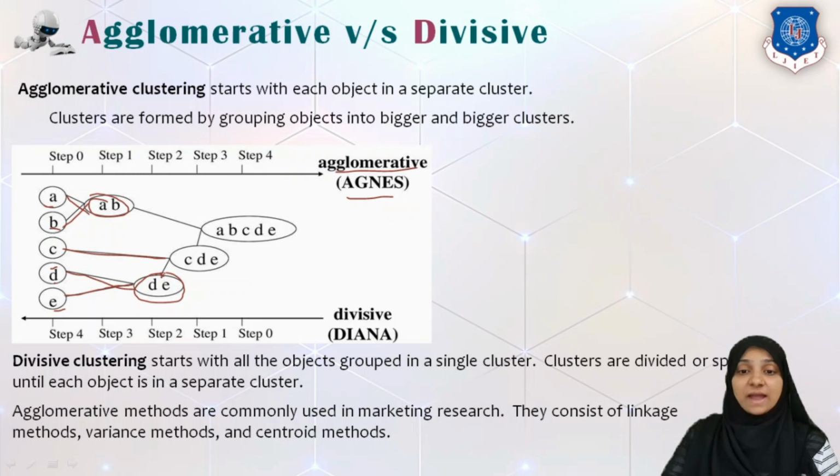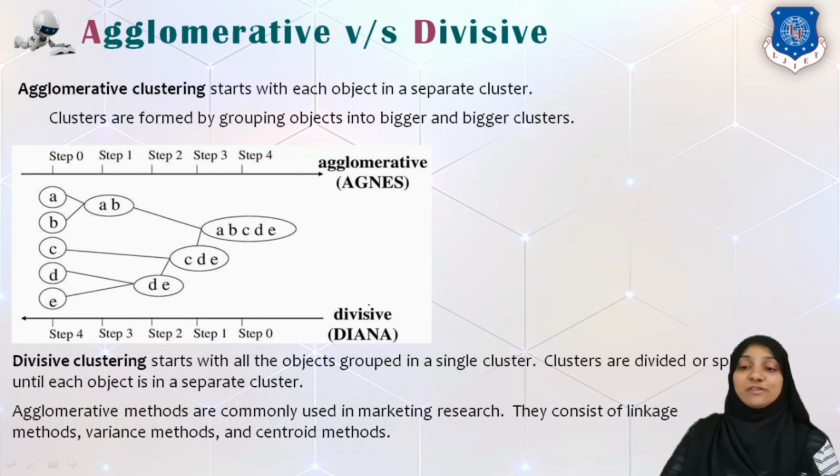So C and DE are the next cluster that can be formed. And in the last step, AB and CDE are nearest to each other, hence we form the largest cluster. So this is the bottom-to-top approach. We call it agglomerative clustering, or the agglomerative type of hierarchical clustering.